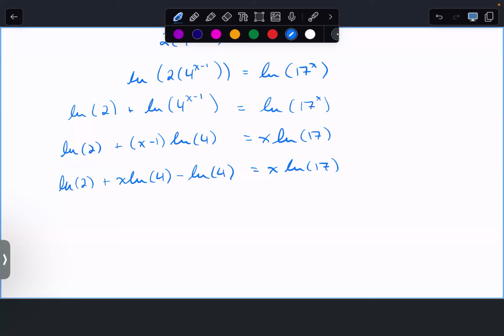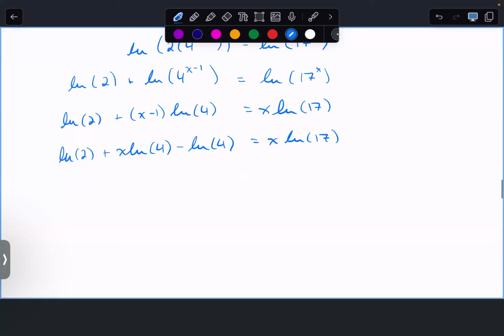Because I like to have whatever I'm solving for on the left-hand side, I'm going to bring the x natural log of 17 over to the left, but also the natural log of 2 and the natural log of 4, they're just numbers, so I'm going to bring them over to the right-hand side.